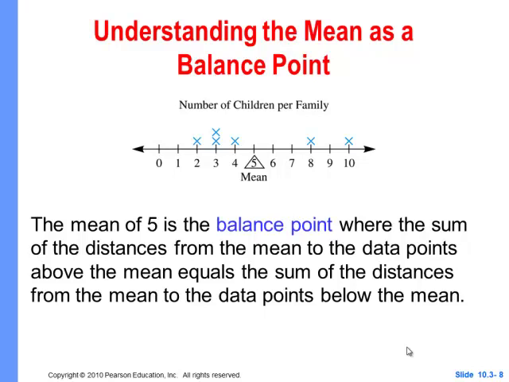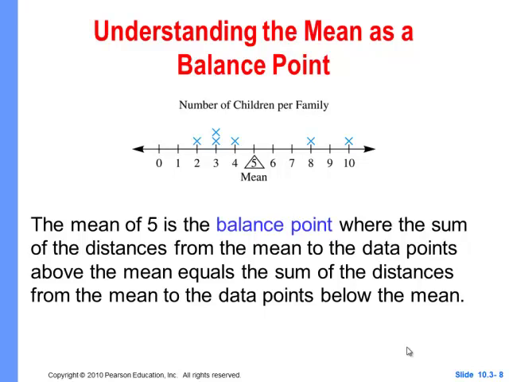The ones that are below balancing with the ones that are above. Yeah. 1 plus 4 plus 3 is 8, and 3 plus 5 is 8. 1 away, 2 away, 2 away, and 3 away.